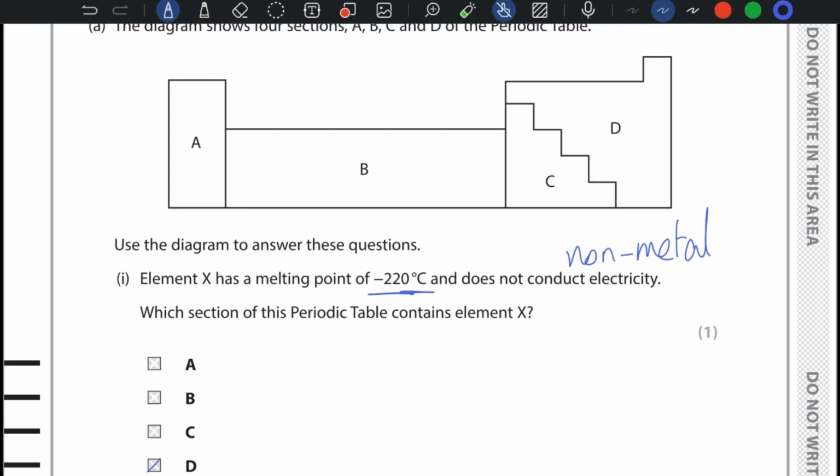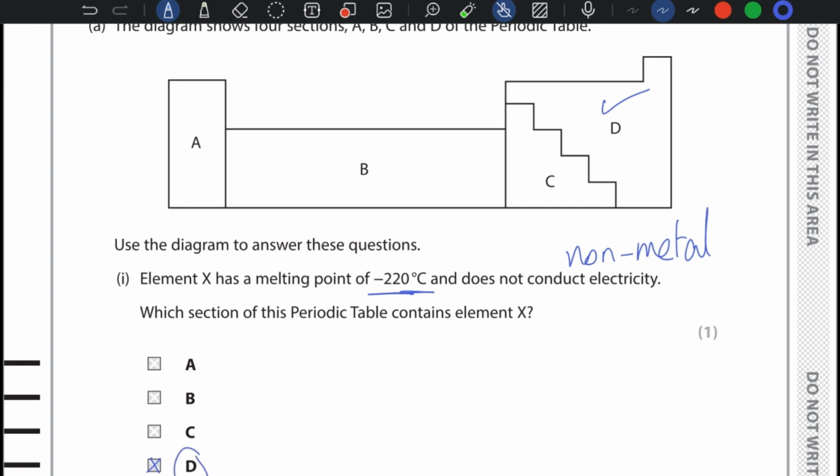This means in the periodic table provided, D is considered non-metal. If you look at this one, you will find that B is the transition elements, A is groups 1 and 2, alkali metals and alkaline earth metals, and C is also considered metals. So he asks about a non-metal because he told us the melting point is very low and it does not conduct electricity.